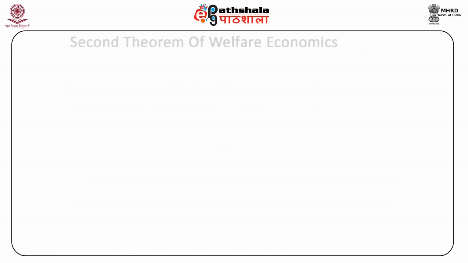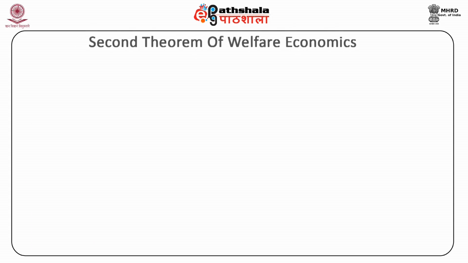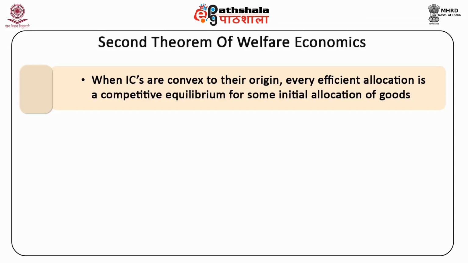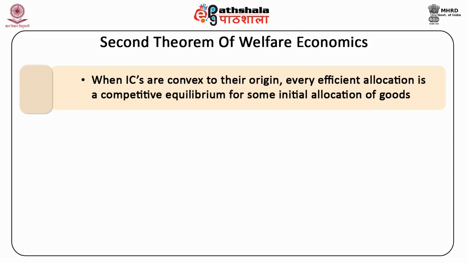There is also a second theorem of welfare economics. This postulates that when ICs are convex to their origin, every efficient allocation, that is every point on the contract curve for exchange, is a competitive equilibrium for some initial allocation of goods or distribution of input or income.